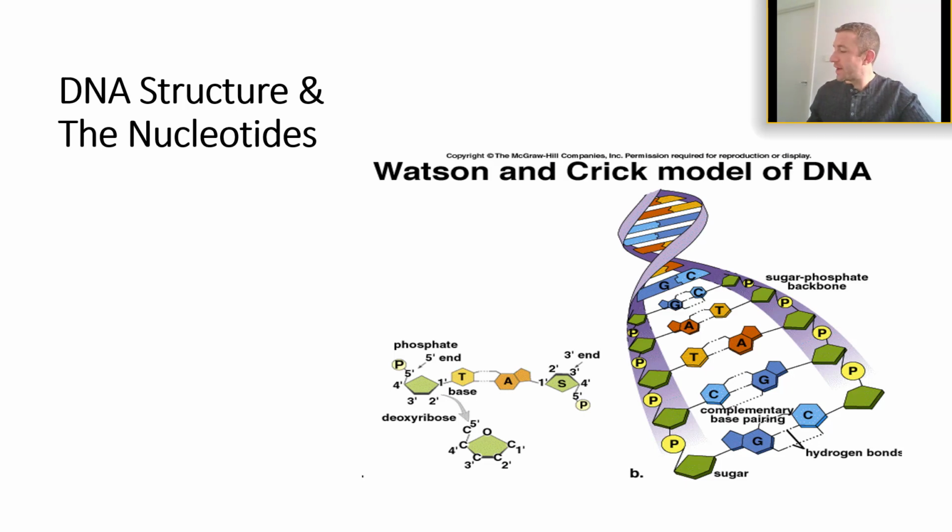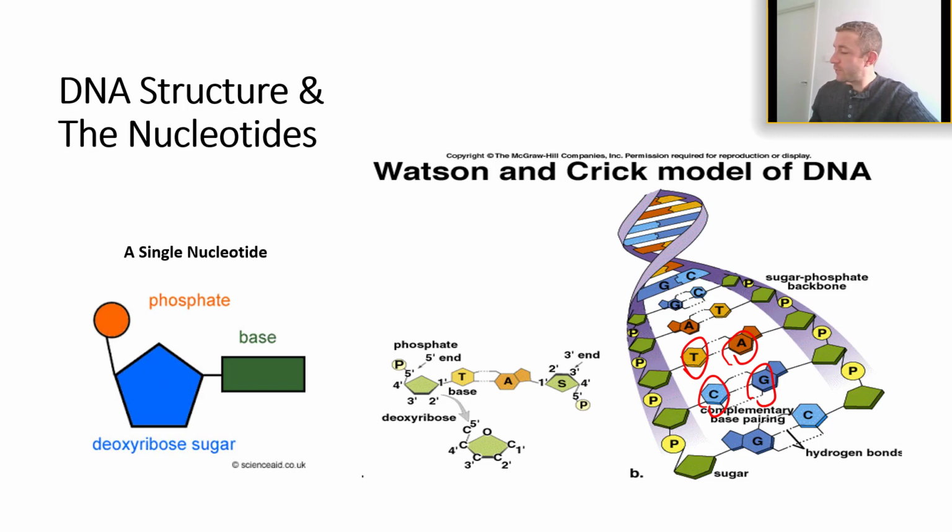So the nucleotides, our A, T, C, and G, as we can see down here. Looking at the structure, we know they're the rungs of the ladder. And if we go to a single nucleotide, just one of A, T, C, or G, we've got our sugar phosphate backbone.